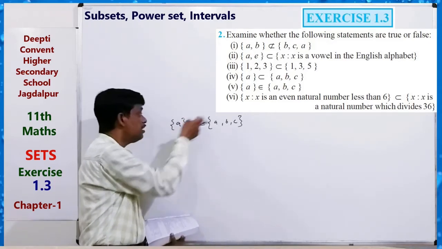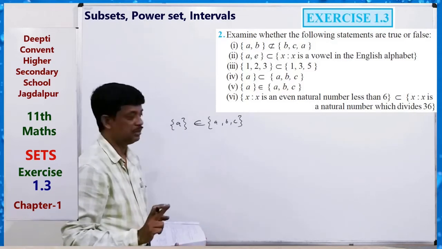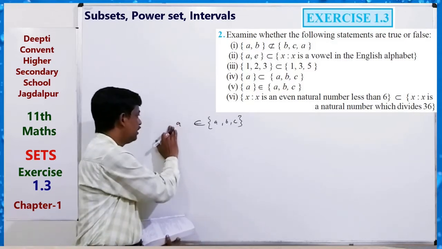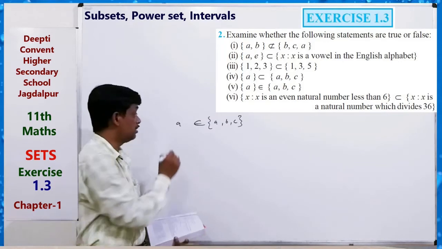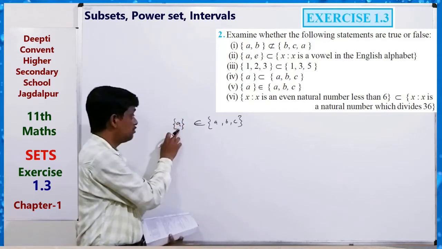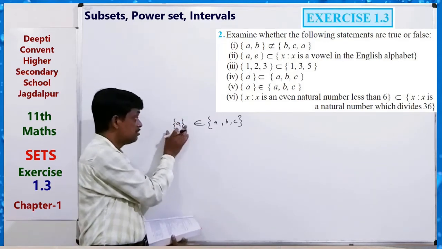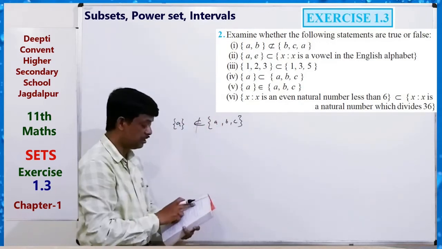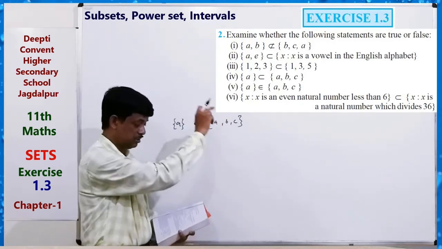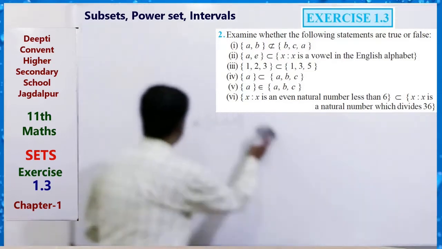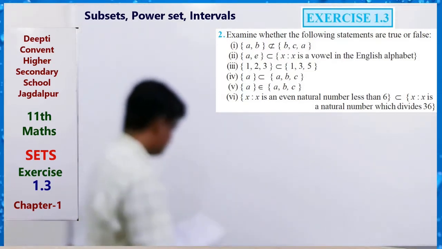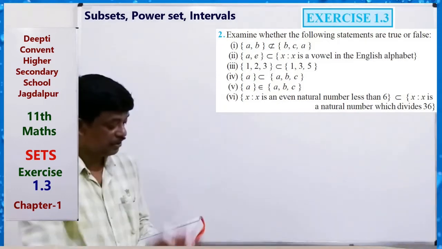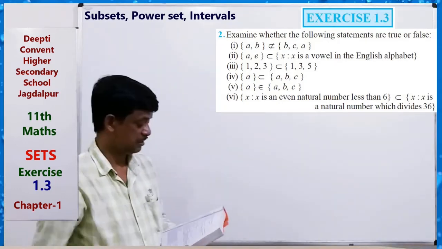A is an element of this. A belongs to this, but if we make a singleton set, that set does not belong to this. So this is false. Clear?